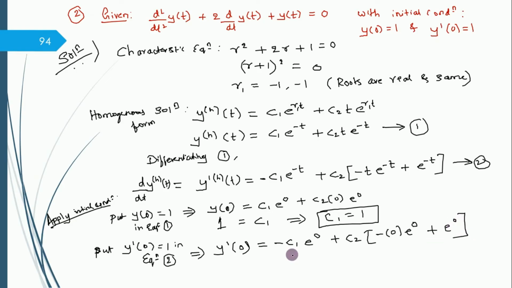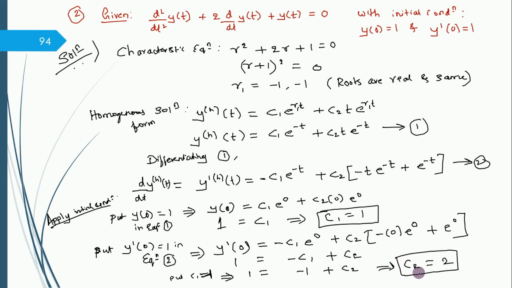So you get 1 is equal to minus C1 plus C2, because this goes off and this is 1 into C2, which is C2. Putting C1 equal to 1, you get 1 is equal to minus 1 plus C2. Taking the minus 1 to the other side, C2 is equal to 2. So C1 is 1, C2 is 2, and I substitute the same in equation 1.